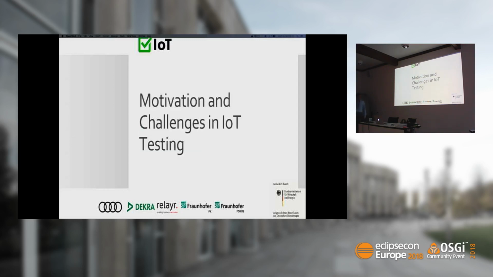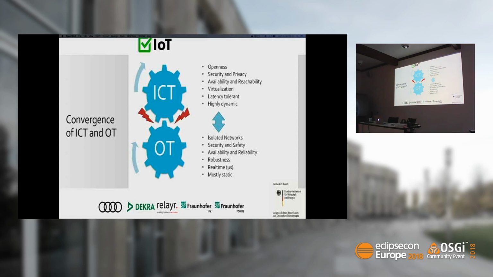So let's start with the first part. We see that there is a big discrepancy between ICT and OT that we want to tackle. In ICT, software is nothing new. We have security and privacy concerns. It's highly dynamic.